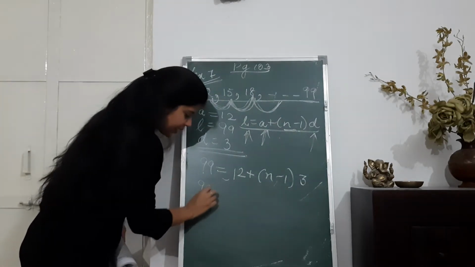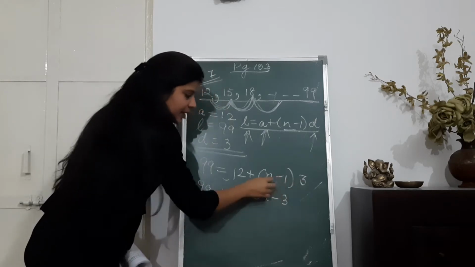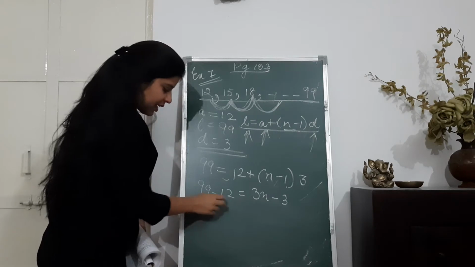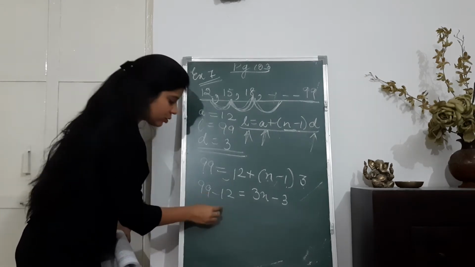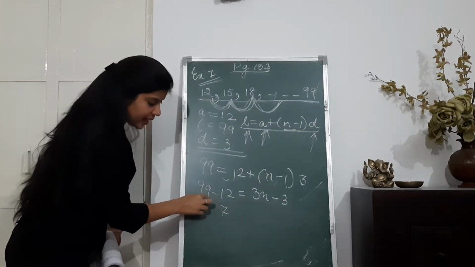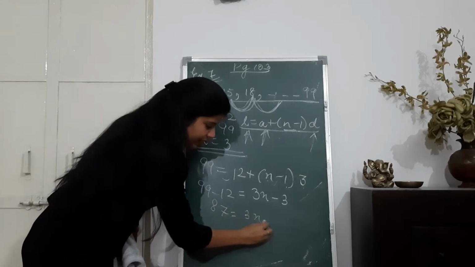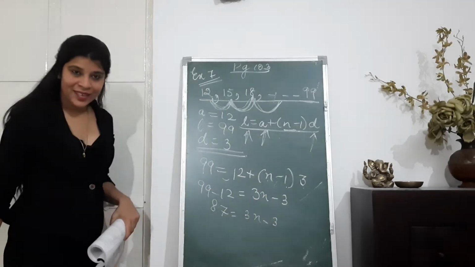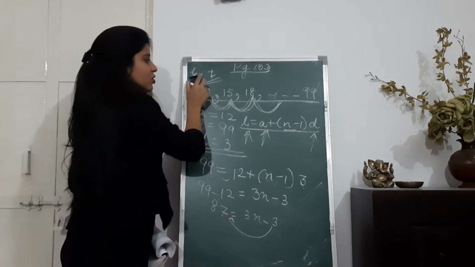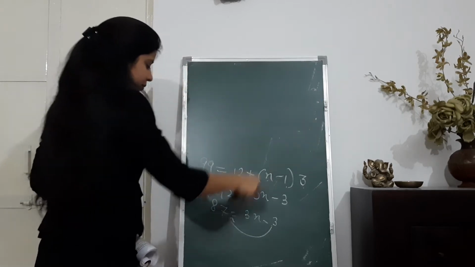So 99 minus 12 is equal to 3n minus 3, multiplying this and this, opening the bracket. 99 minus 12 is what? 9 minus 2 is 7, 9 minus 1 is 8. 87 is equal to 3n minus 3, right? If I take this to this side, then the sign is going to change. I'm deleting this so that I can write it properly here.